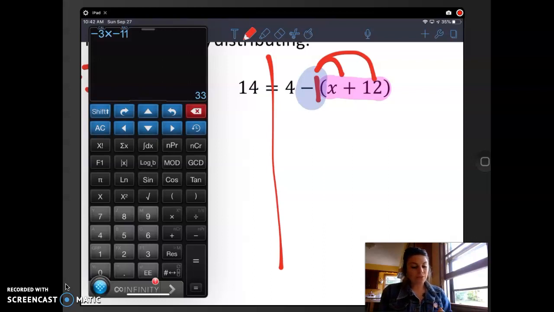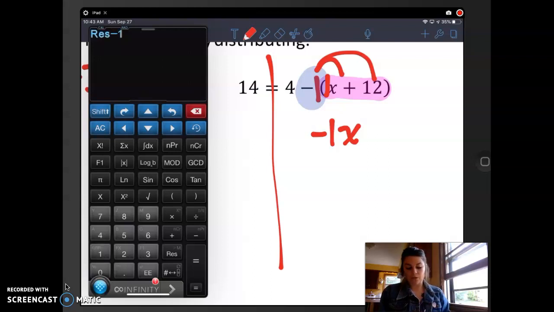So if I do negative 1 times 1x on my calculator, negative 1 times 1, I get negative 1. So I have negative 1x. Again, I'm going to do the next one, which is negative 1 times 12.